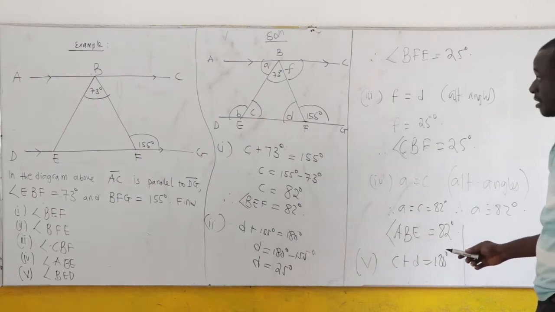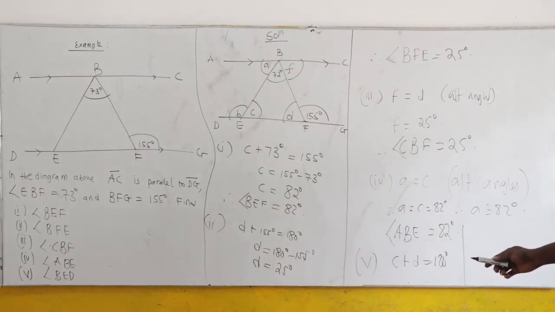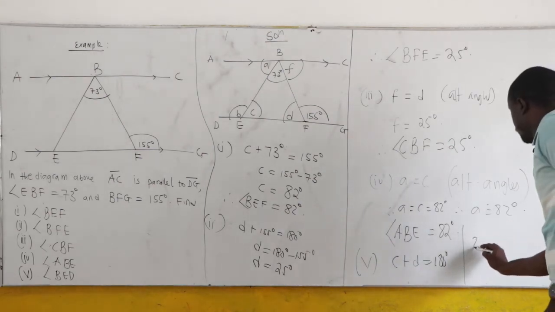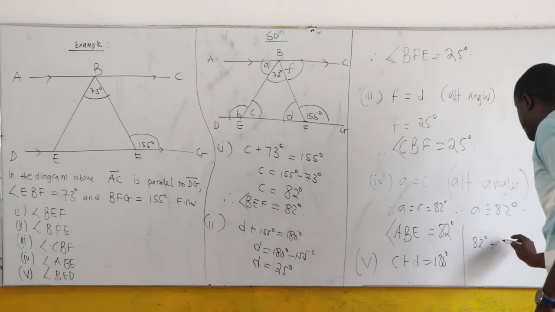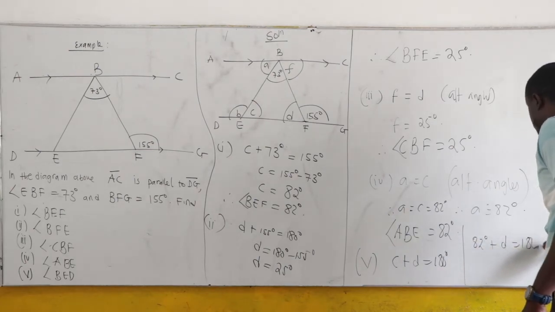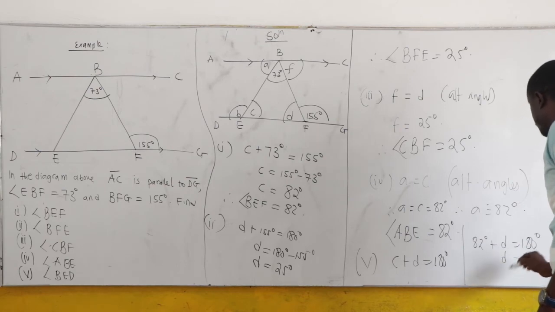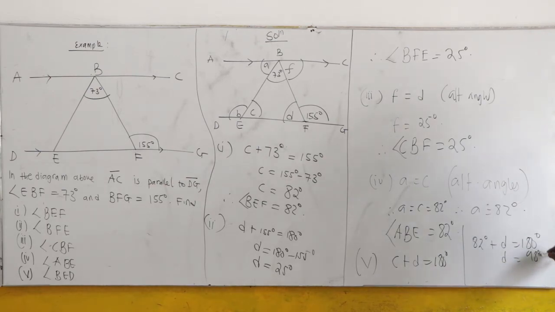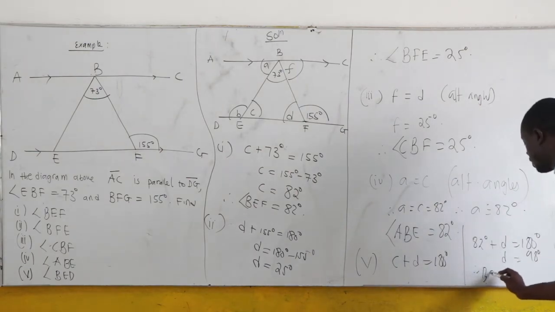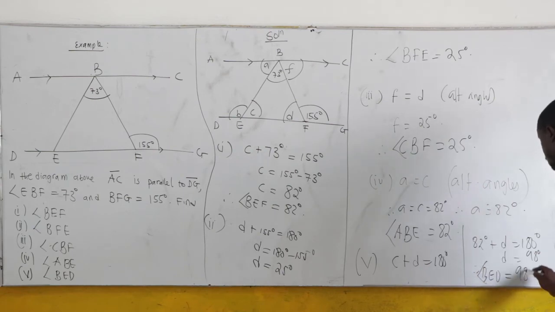We had our C to be 82, so 82 degrees plus D equal to 180 degrees. Clearly, our D will be 98 degrees, because this will be 180 minus that. Hence our BED is equal to 98 degrees.